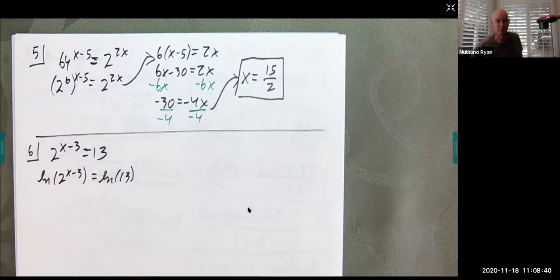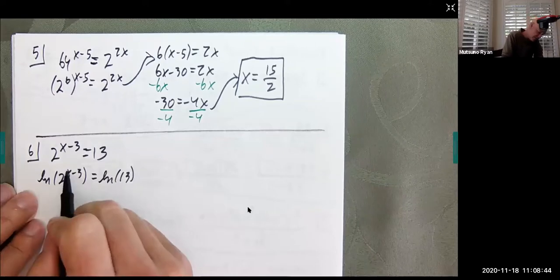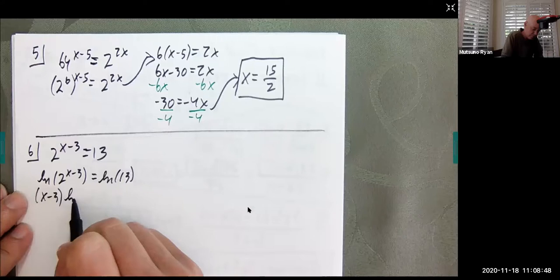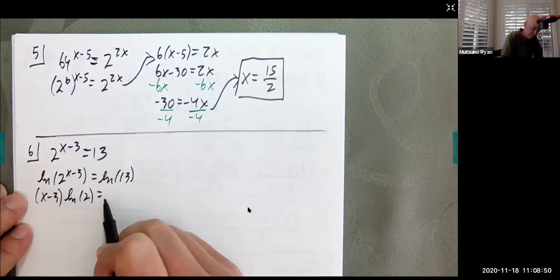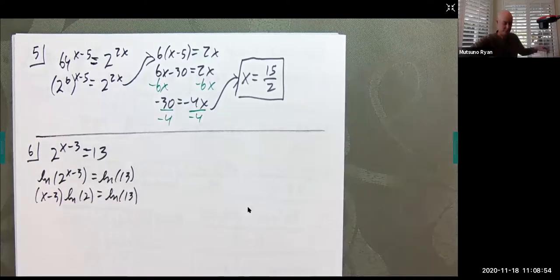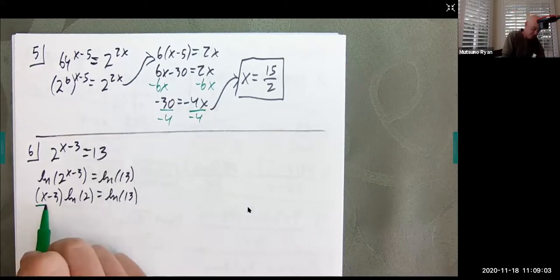And one of the log rules is, if I have an exponent with a logarithm, it comes down in front, becomes multiply. And I'm going to notice that I can actually divide both sides by ln of 2, the natural log of 2.